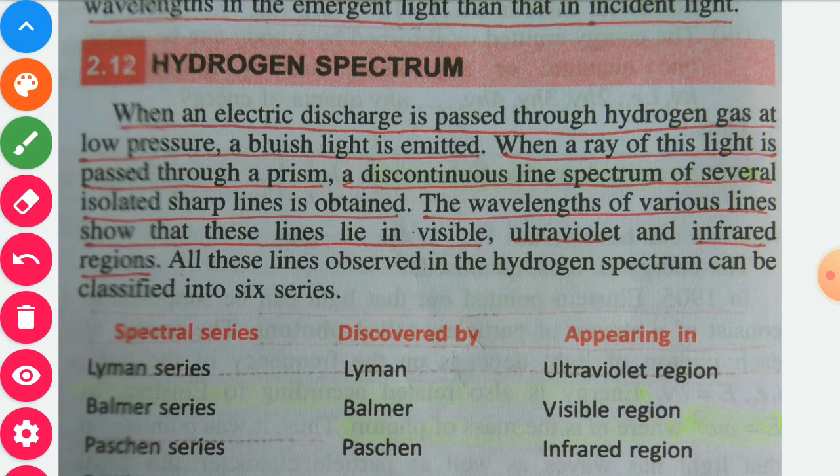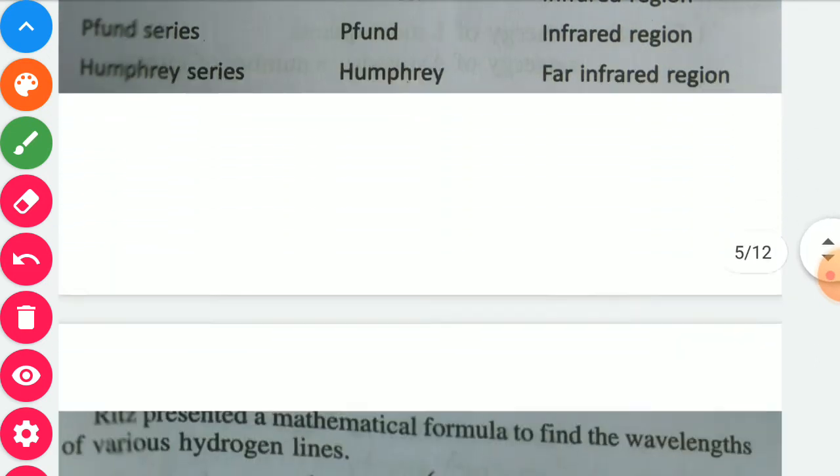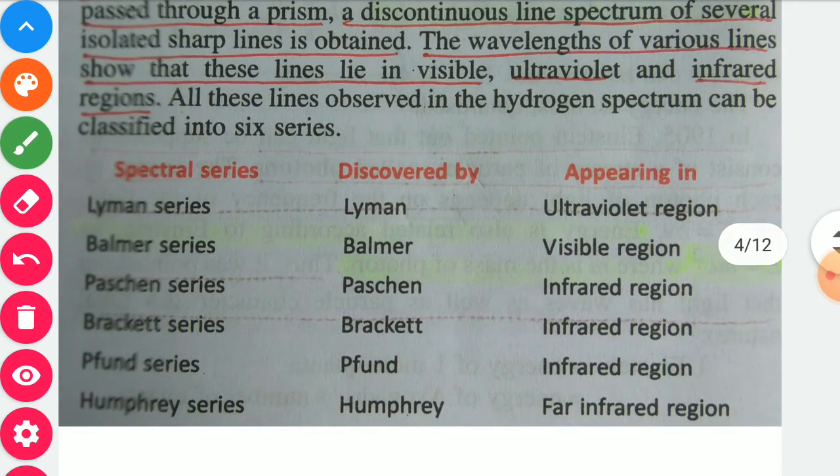All these lines observed in the hydrogen spectrum can be classified into 6 series. These series are Lyman series, Balmer series, Paschen series, Brackett series, Pfund series and Humphreys series. Named according to their discoverers, they appear in different regions. Lyman series appears in the ultraviolet region.